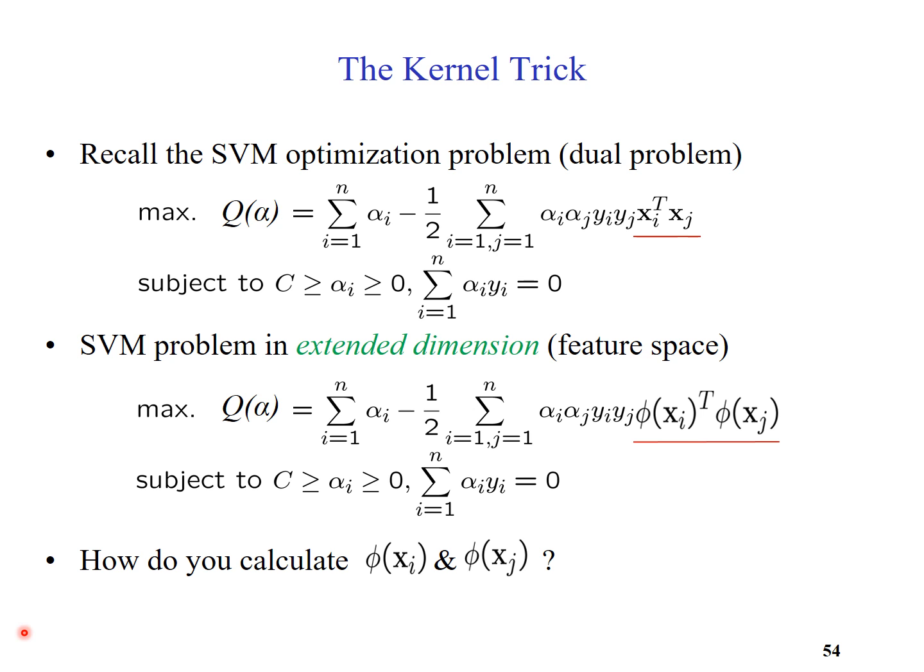But the most important reason for changing primal to dual is that we can use the kernel in the dual problem. In the primal problem, we cannot use the kernel method, but by changing the primal to the dual problem, we are able to apply the kernel method.